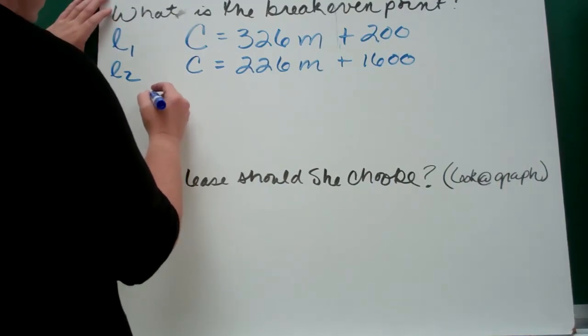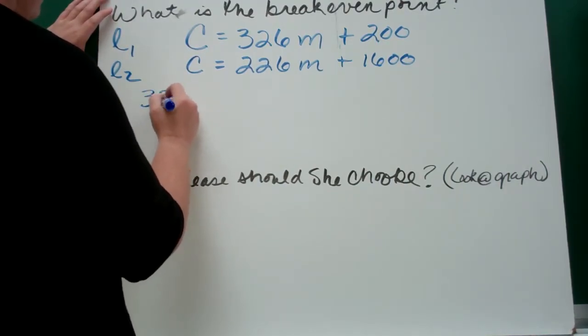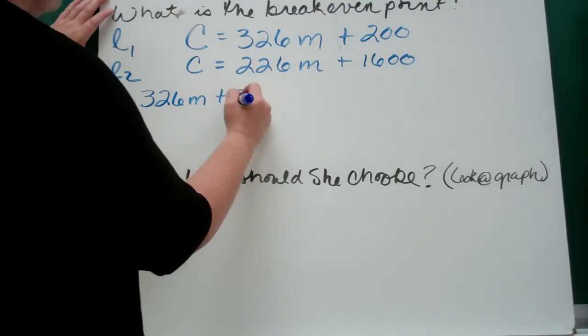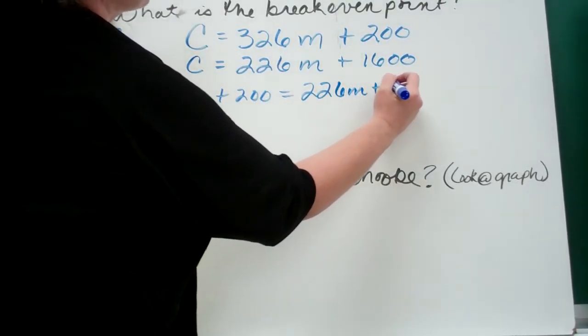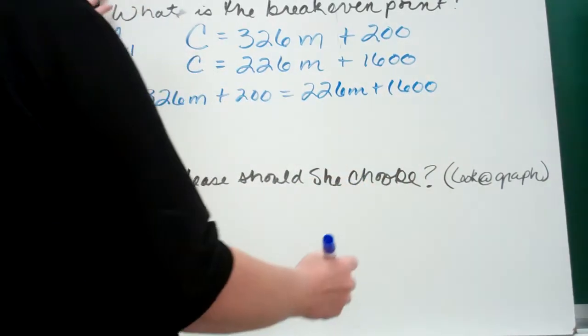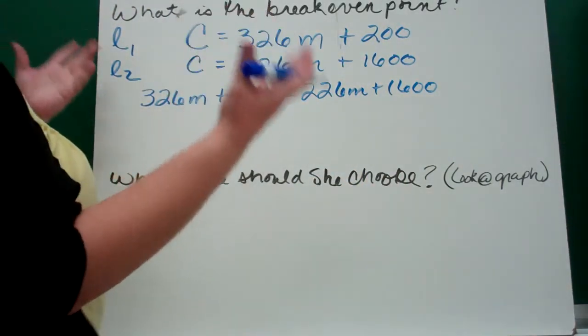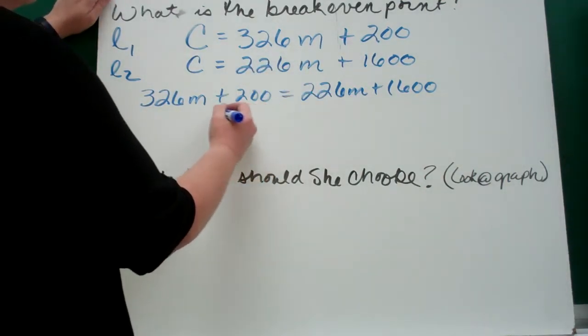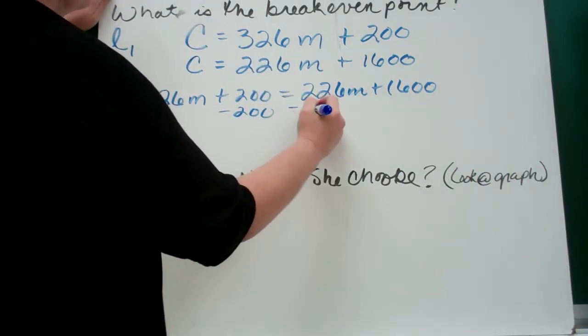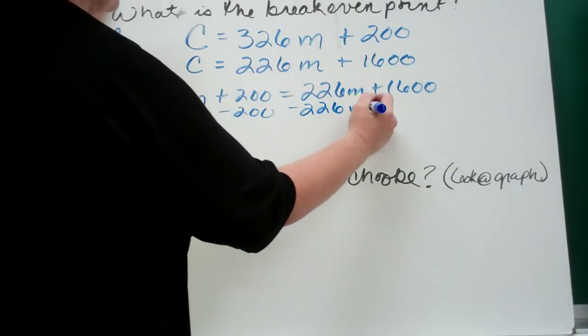So if we do $326 per month plus 200 equals $226 per month plus 1,600. Okay, set this one equal to that one and solve for M. How many months until she breaks even? Subtract 200. Subtract 226M.